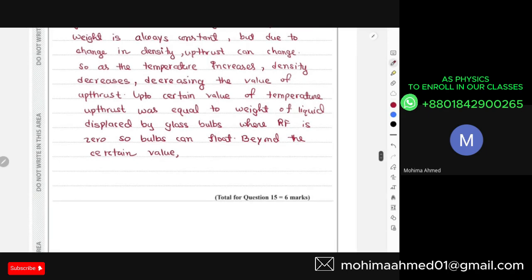Beyond the certain value, upthrust is less than weight, creating a resultant force in the downward direction, causing the bulbs to sink.